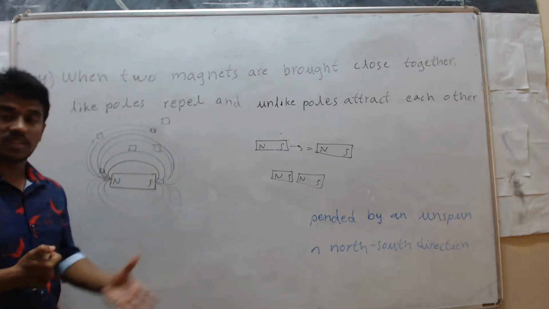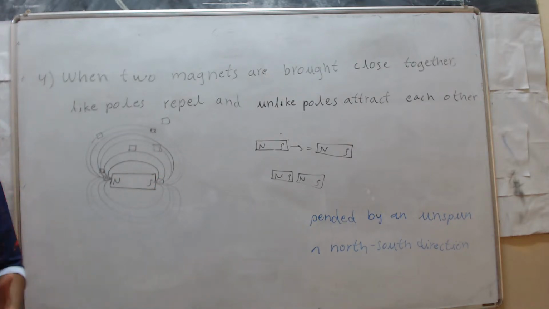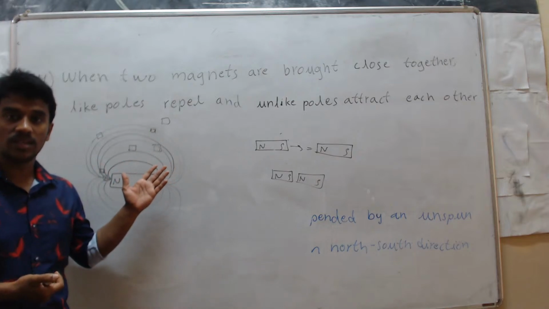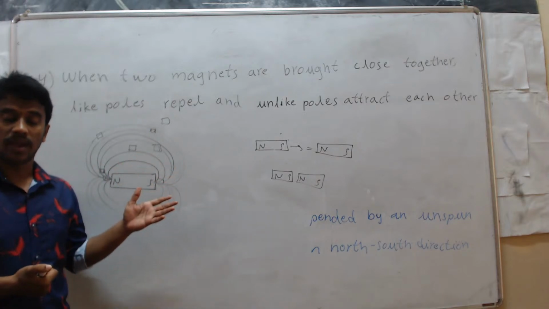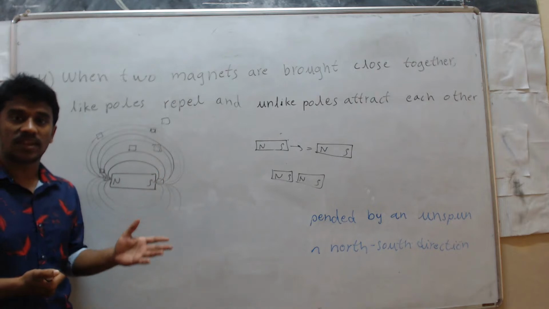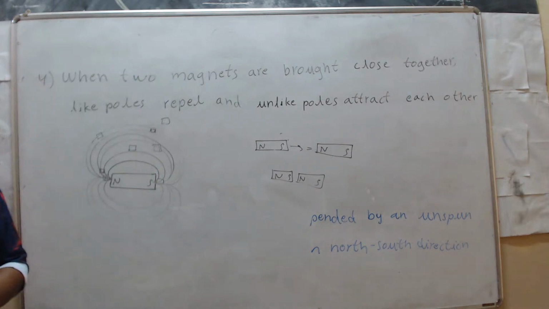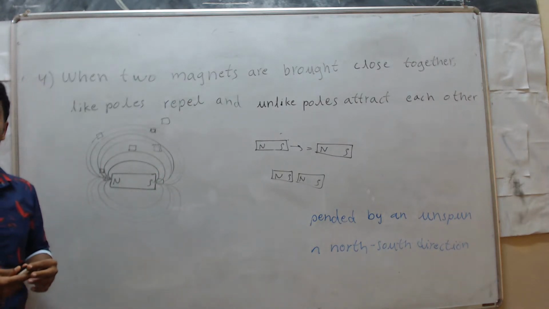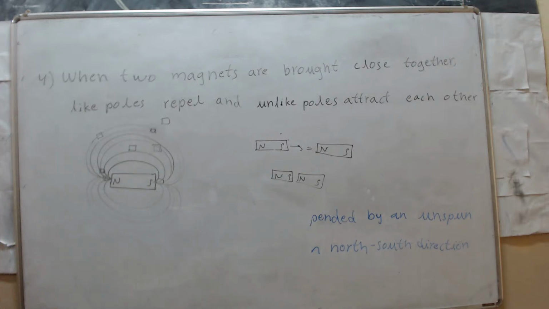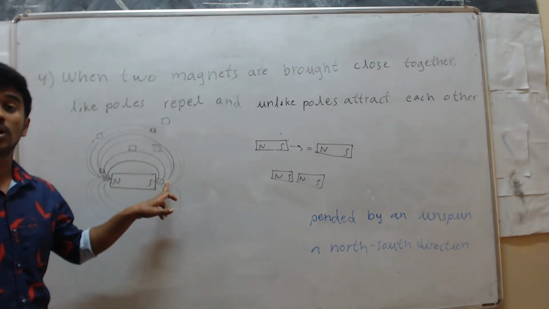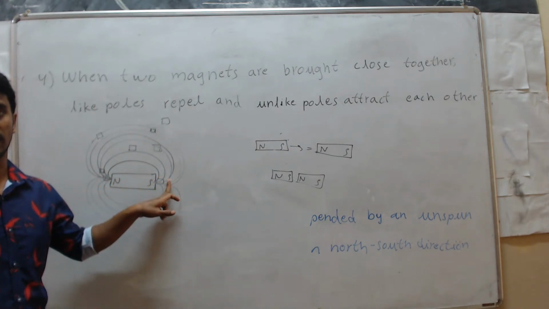Where the magnetic field lines are more, the strength of the magnet is more, and where they are less, the strength is less. So that's why the second property is: the attraction is maximum at the ends of the magnet, because here more number of magnetic field lines are there.